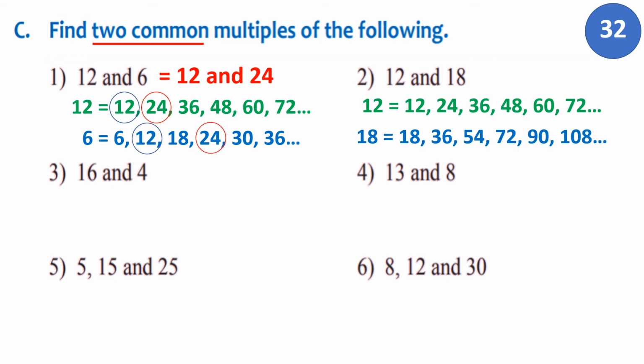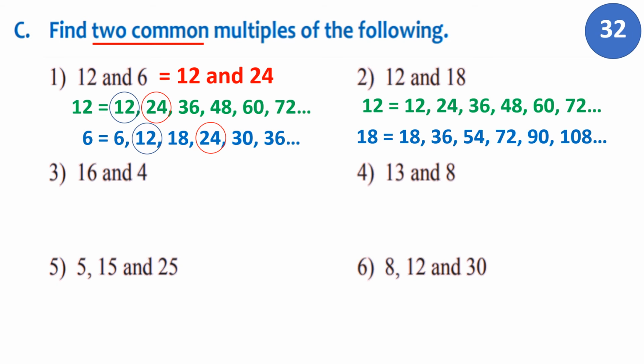For 18, you have 18 times 1 is 18, 18 times 2 is 36, 18 times 3 is 54, 18 times 4 is 72, 18 times 5 is 90, and 18 times 6 is 108. Okay, we stop here. Then you can see here they have only two common multiples.